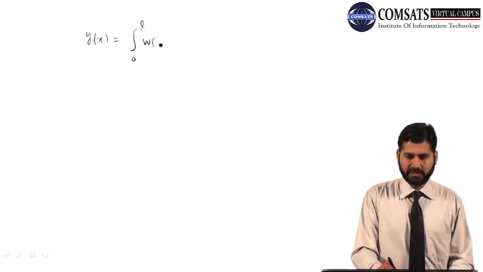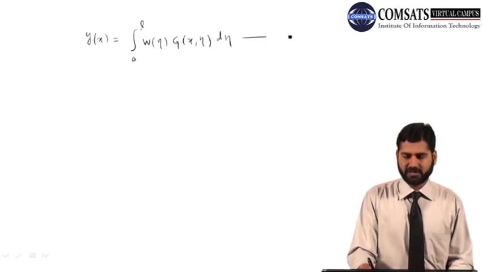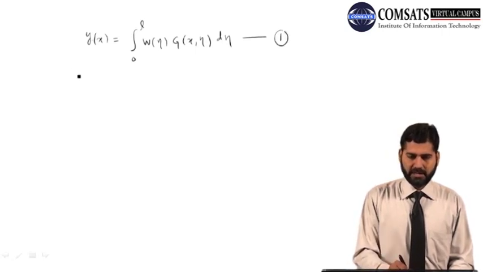Alright, so let's prove it here. Y of x is equal to the integral from 0 to L of w(η) g(x, η) dη. This is what we have. Let's call this equation 1.